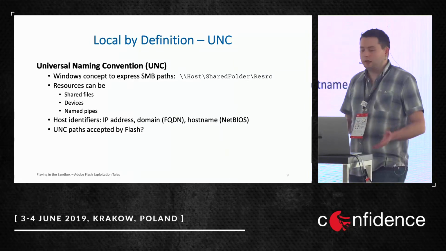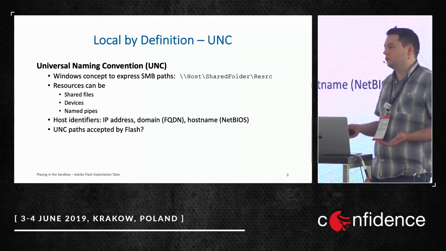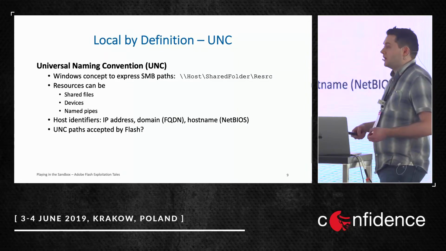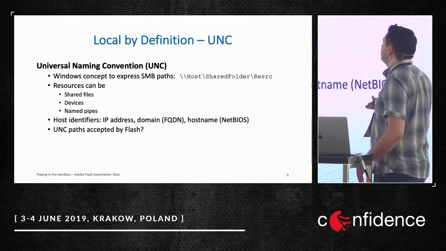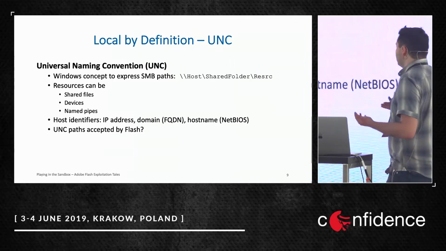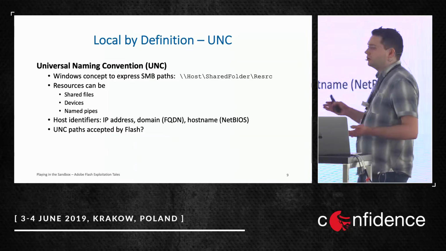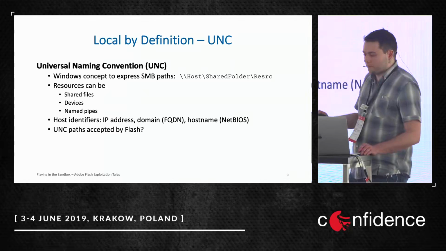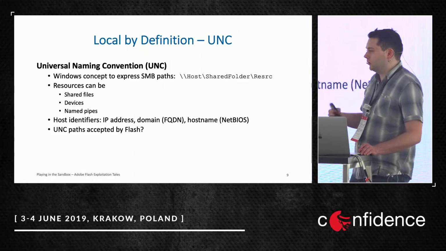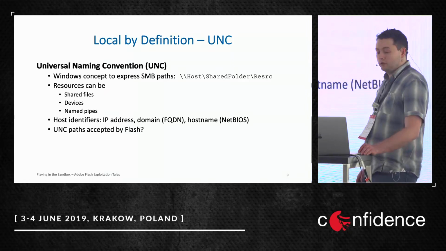And these resources can be anything from shared files to devices and named pipes. And you can use any of these host identifiers: an IP address, a domain name, and what's called a NetBIOS host name, which originates from Windows networks. It's a type of name resolution.